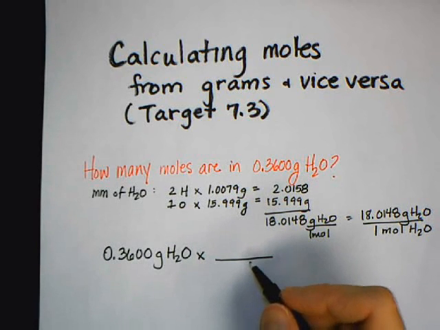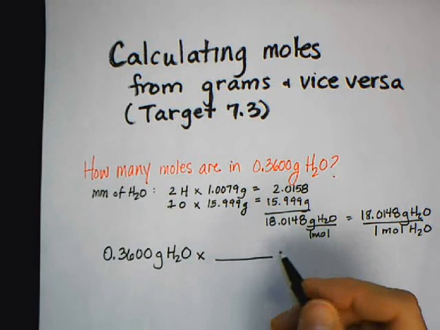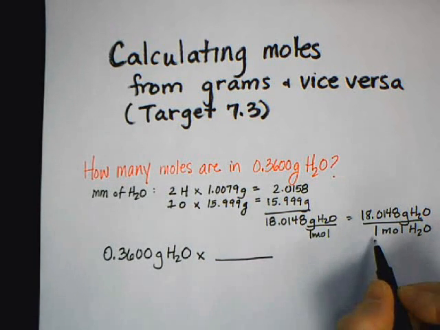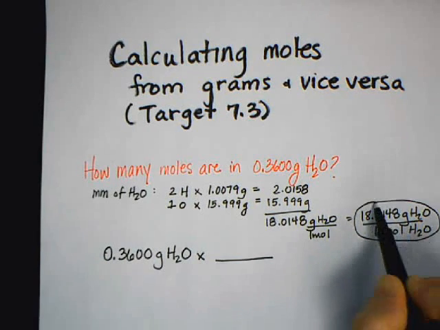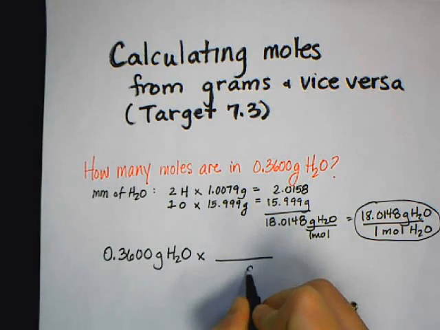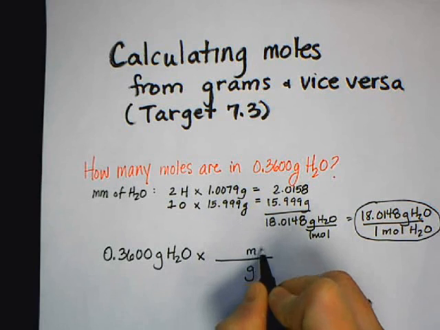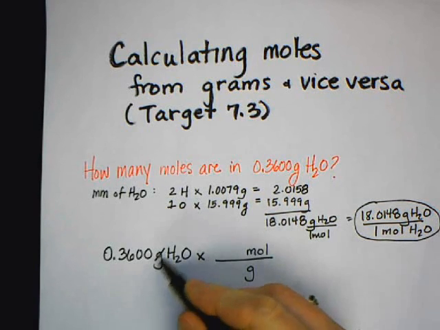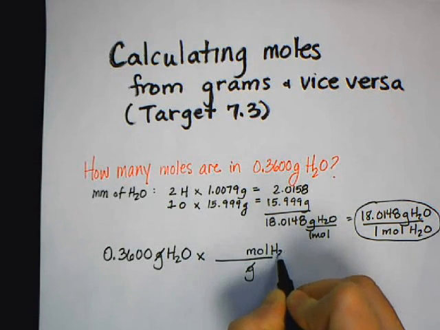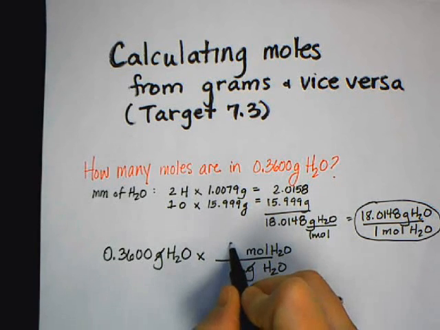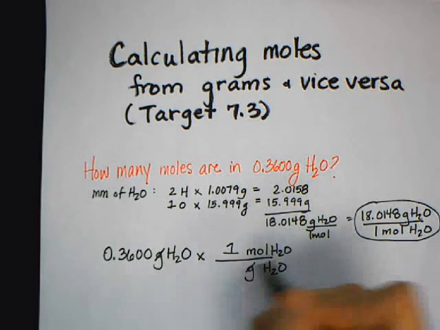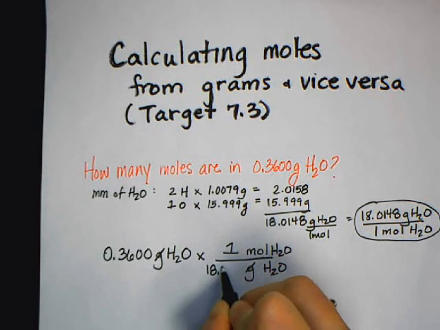We just calculated it. In this case, we're going to use the flip of the molar mass. So we're going to put grams on the bottom and moles on the top so that our grams units will cancel. Then we'll fill in the numbers. The 1 always goes with 1 mole, and then in the bottom we'll put 18.0148 grams.